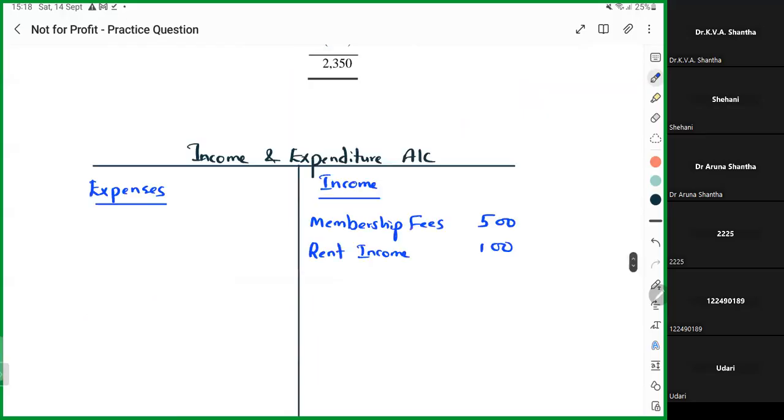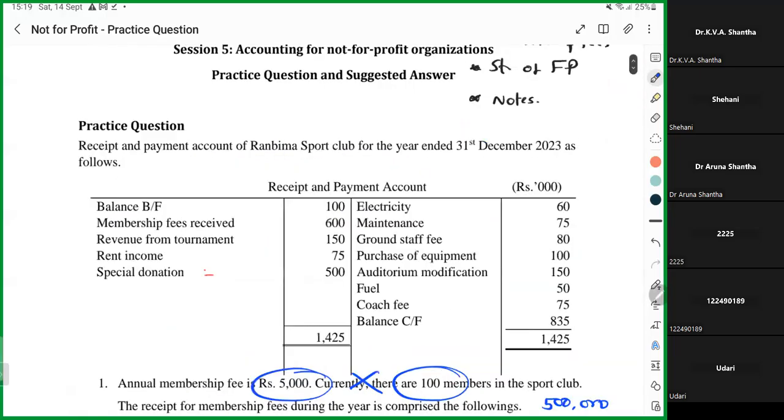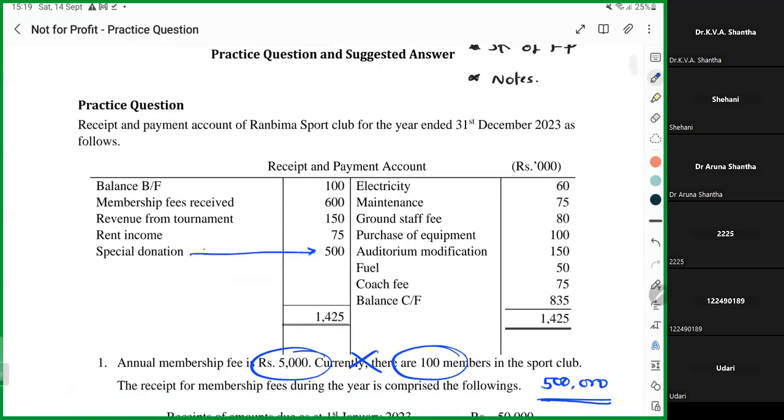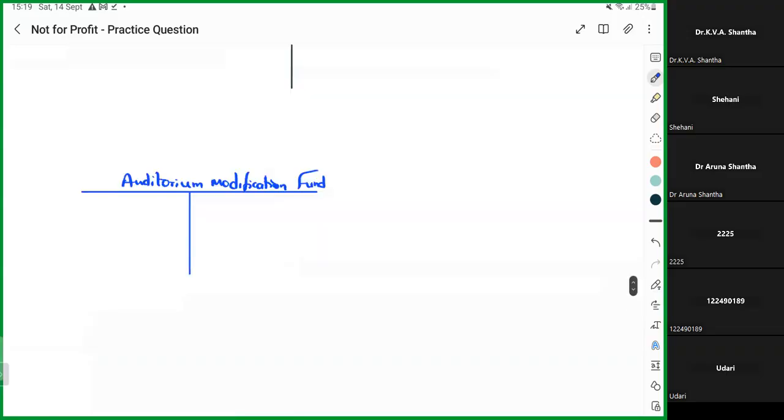You see the special donation is 500, so you credit auditorium modification fund 500. This is how you record a special donation. You can't straight away take it to income, but if it is a general donation, you can take it to income.